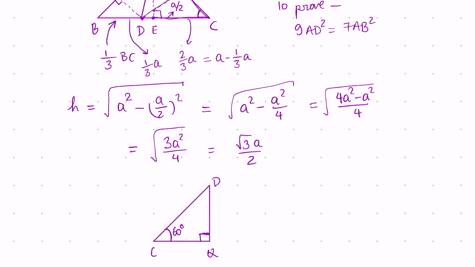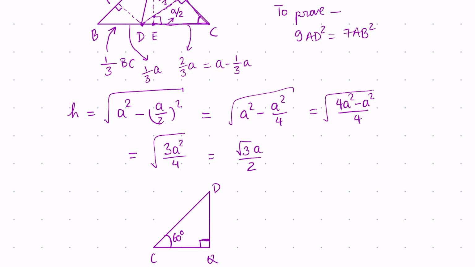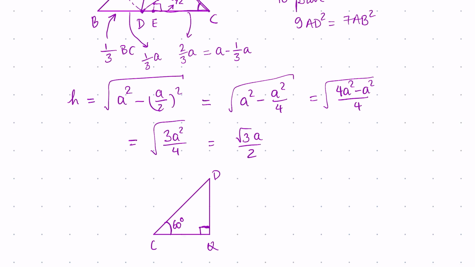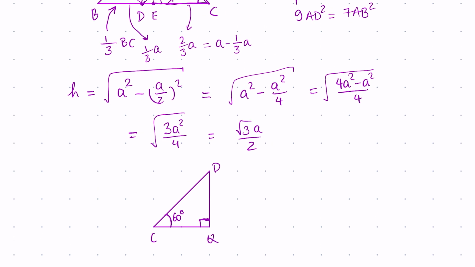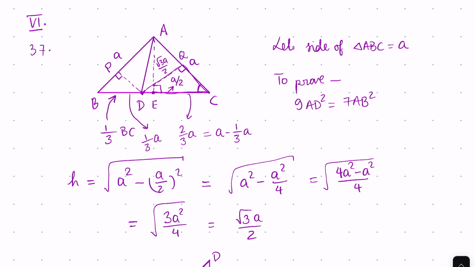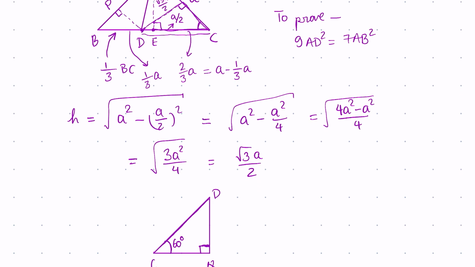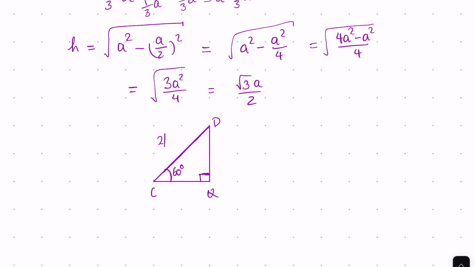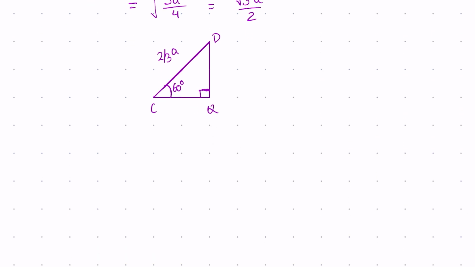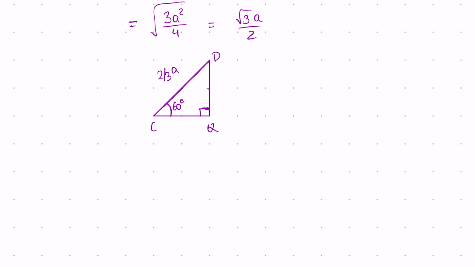Okay, and so we have that, and we also know the length of the side CD, right? This we know from here, so that's equal to 2 by 3a. Now, using trigonometry, what we can do is we can find this side, right?